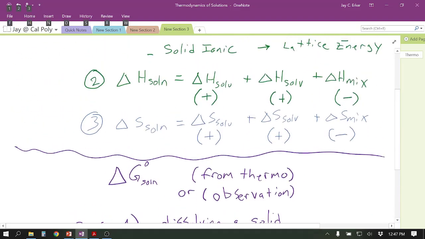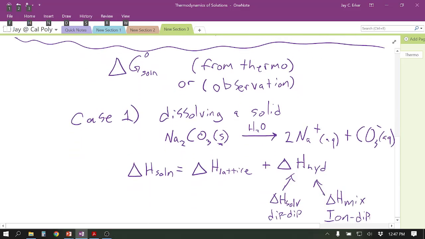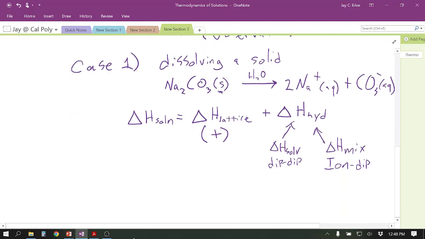In this situation, where we knew that the delta H of solvent was positive, the delta H of mix was negative, the mixing term for this particular case is always going to be larger. So we can say the delta H of lattice, again, is always positive, but because we have these specifics we can say, and I'll draw it kind of in a cartoonish way, my delta positive is smaller, my delta negative is bigger, so this delta H of hydration is overall going to end up being a negative term.